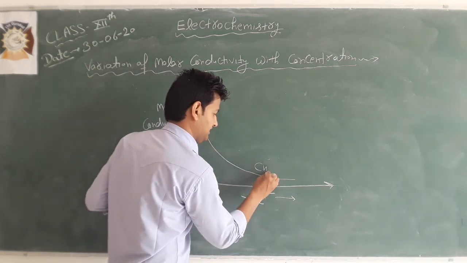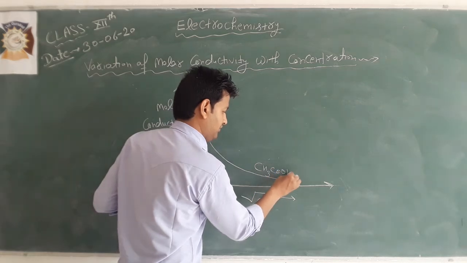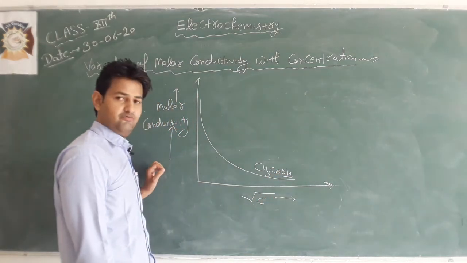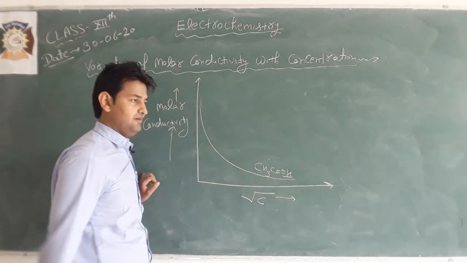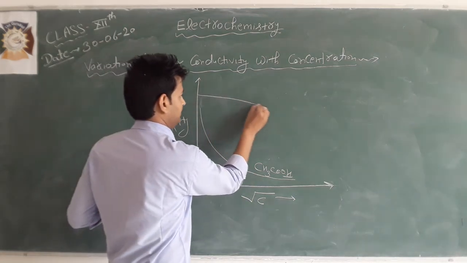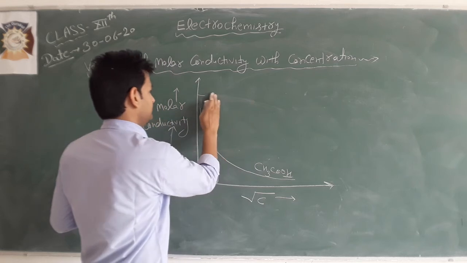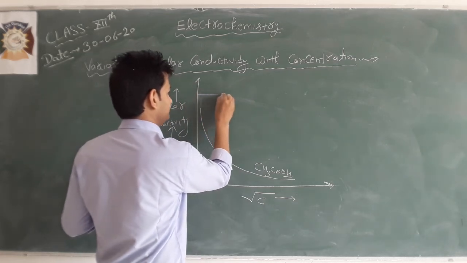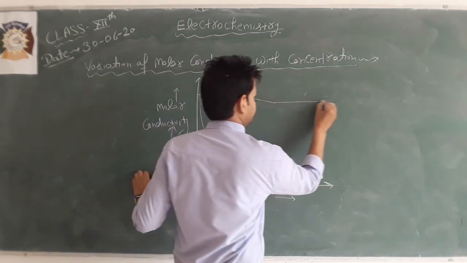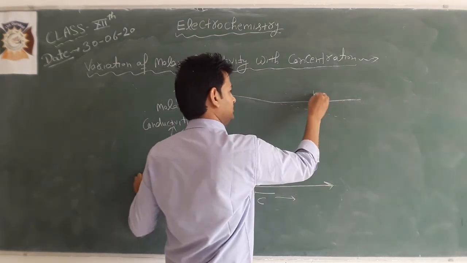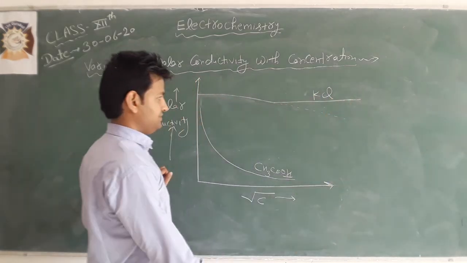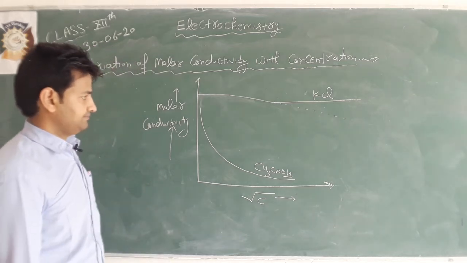For a weak electrolyte, we can take an example from your book, acetic acid, which is a weak acid. And for the strong electrolyte, there is a small variation. It will be like this for KCl, which is a strong electrolyte.